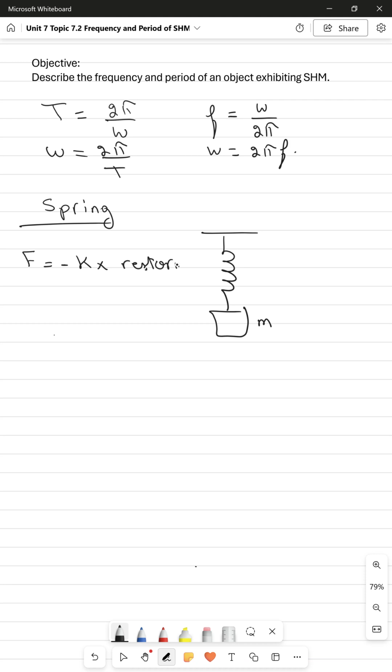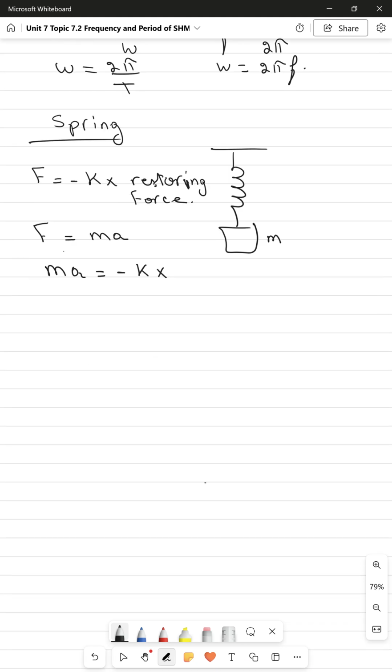As we said, to have simple harmonic motion, we need to have a restoring force. Now, that force by Newton's second law is equal to m times a. So ma is going to be equal to minus kx, which means a equals minus k over m times x.